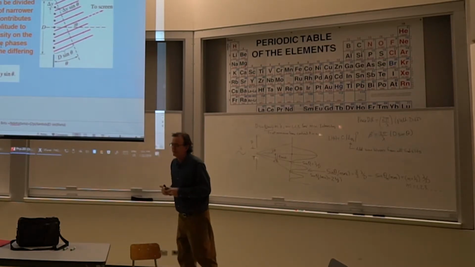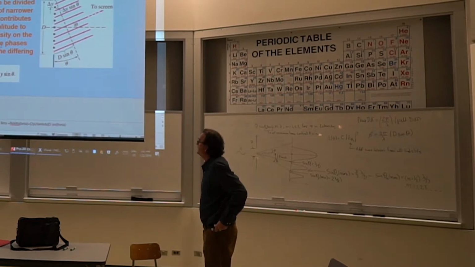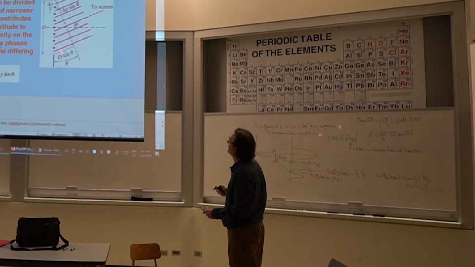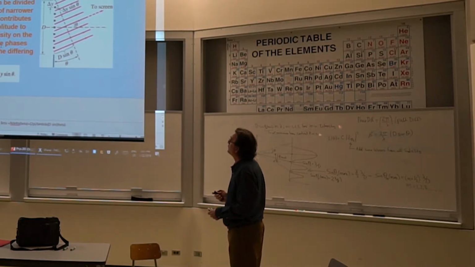Okay, so let's suppose now that we divide the slit up into n subslits, and in this case, n is equal to 8, I think, if I've counted these right. There are 8 subslits for these different rays, and therefore the width of each subslit is delta y.